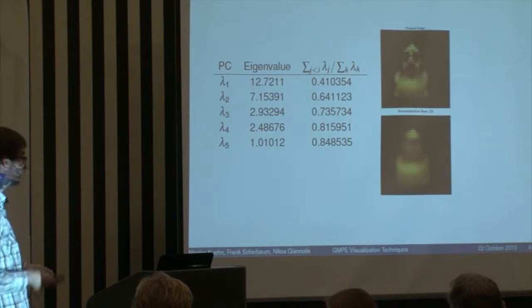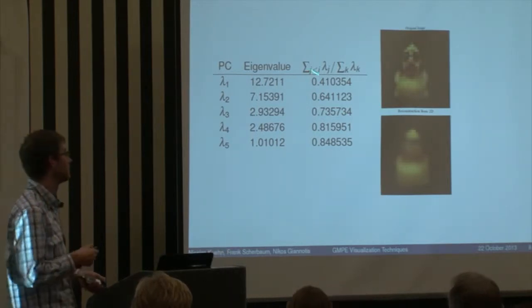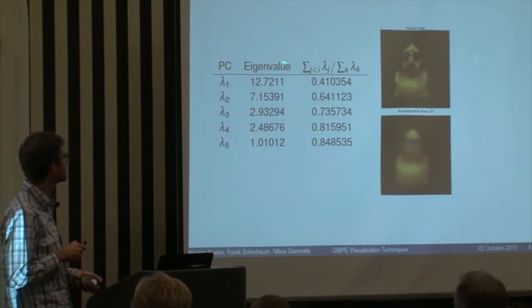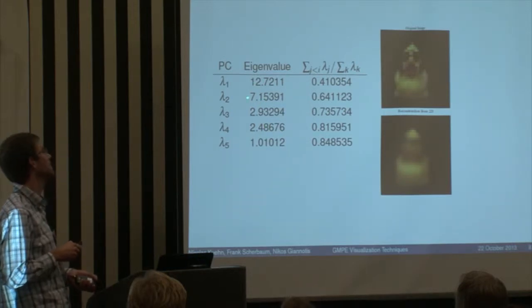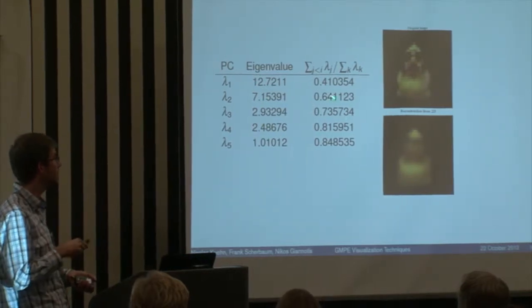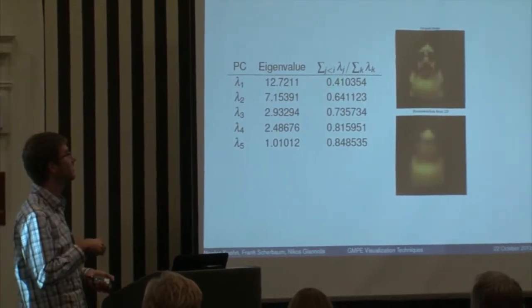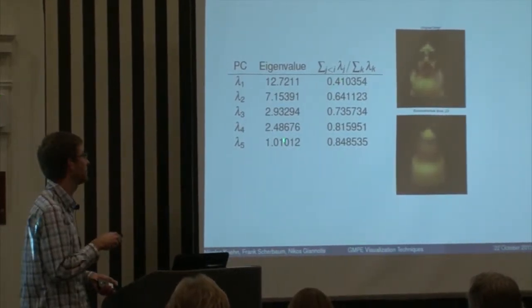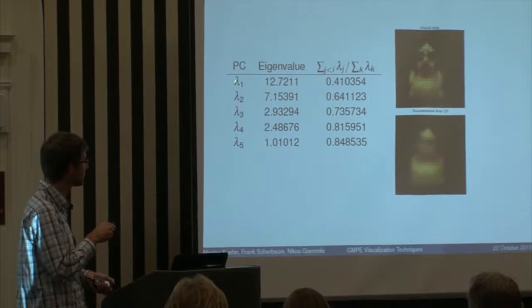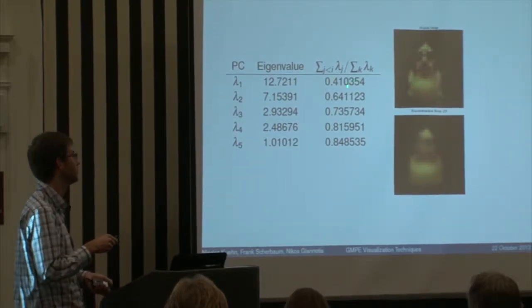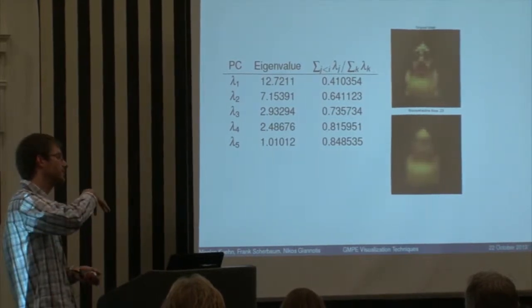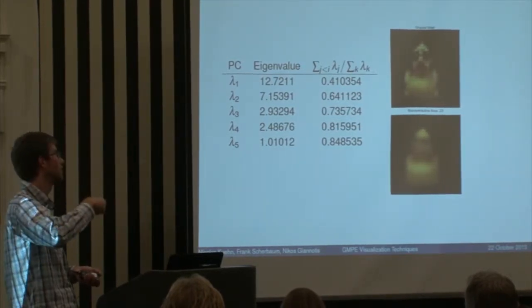What this means is, so this is the example from the rubber duck. So these are the different principal components, and these are the eigenvalues associated with those principal components. So the first one is always the largest one, then we have the second largest one, and so on. And this is the amount of variance explained by this particular eigenvalue. So this is the amount of variance explained by the first principal component.